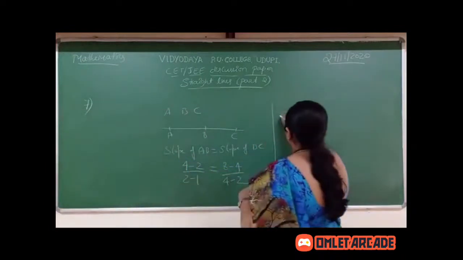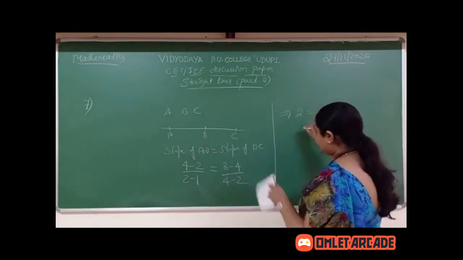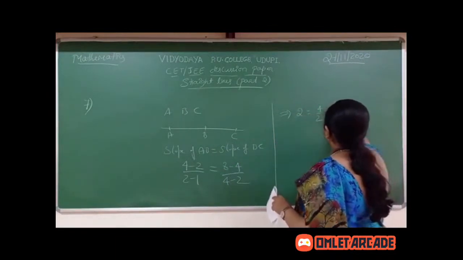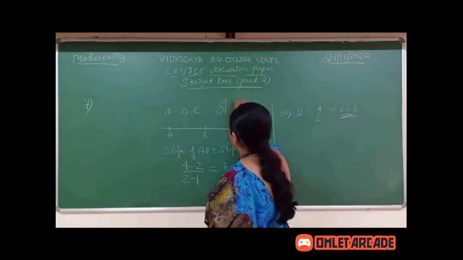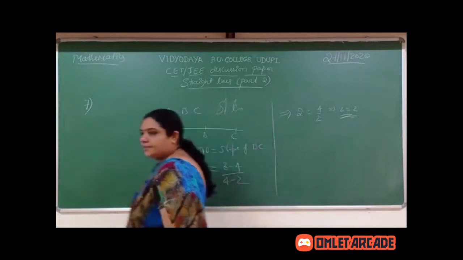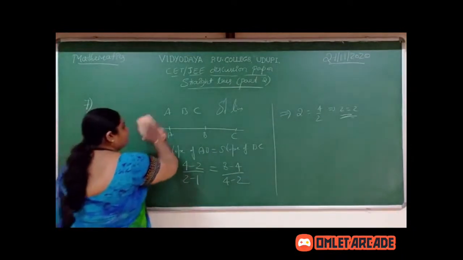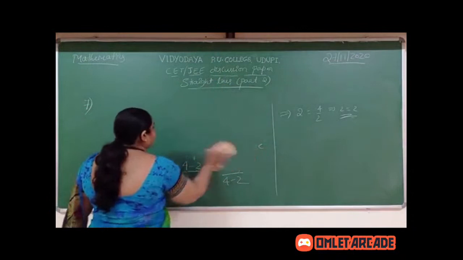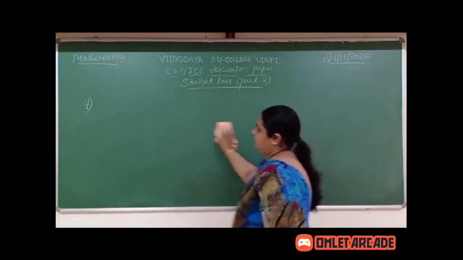So we'll check whether they are one and the same. Left hand side is 2, right hand side is 4 by 2. Yes. So can I say this forms a straight line? So the points ABC form a straight line. Option number 2. I've used the slope concept here. You can use the distance formula, friends. It's your choice.